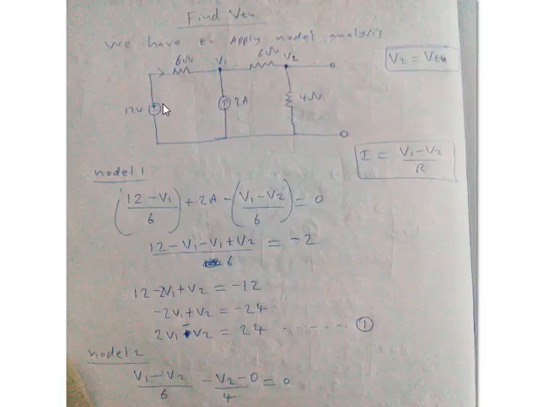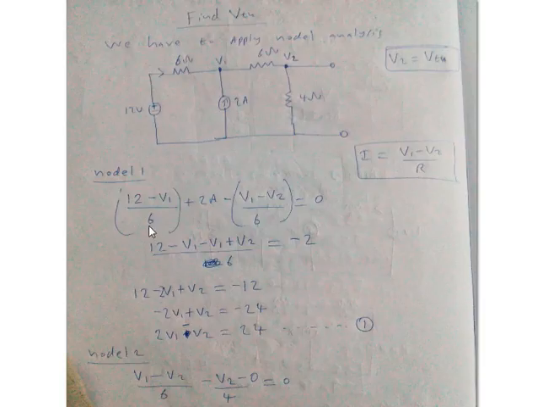Here you can see that the voltage is coming through this side, so it is coming to V1. When the voltage is coming to V1, we have to apply this formula directly. Here the source is 12, so it is 12 minus V1 divided by the resistor, which is 6 here.